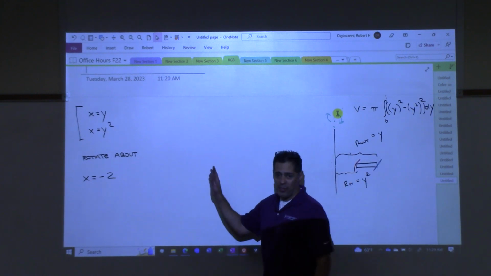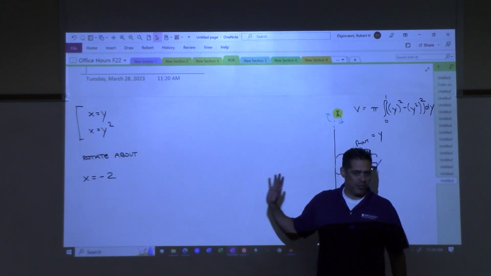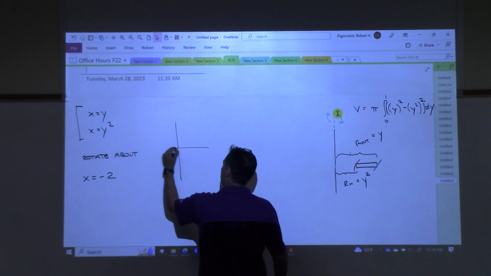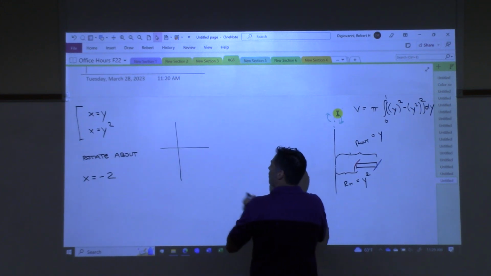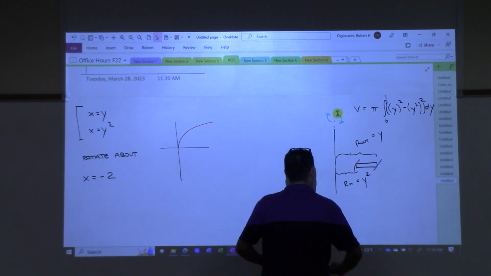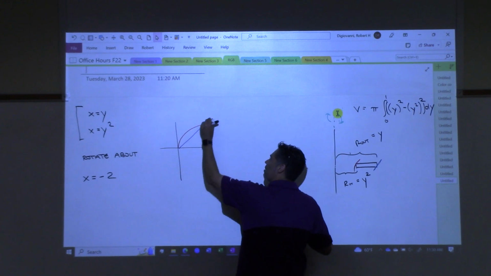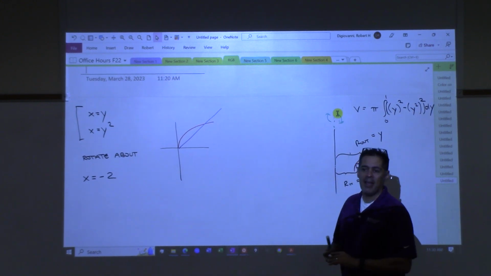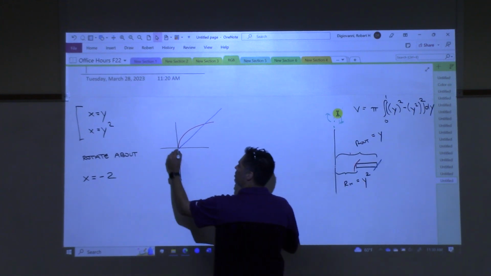I'm going to go faster through the drawing, okay? Because we just drew this region a second ago. We had the parabola shape here, and the linear piece here. This time, though, we're wrapping around x is -2, which is to the left.